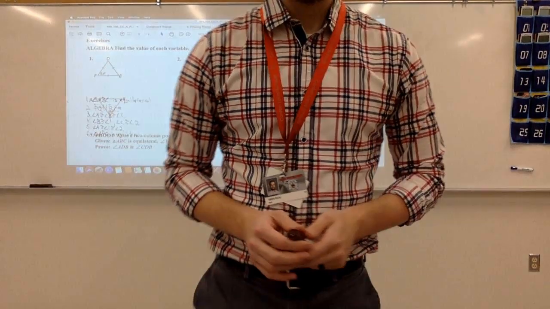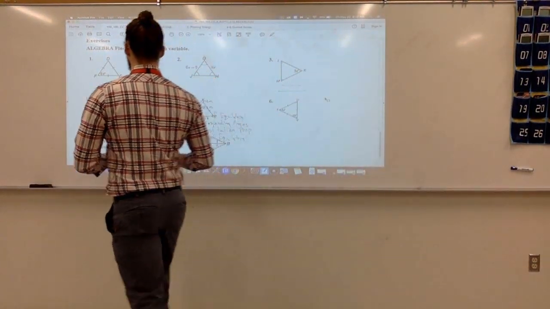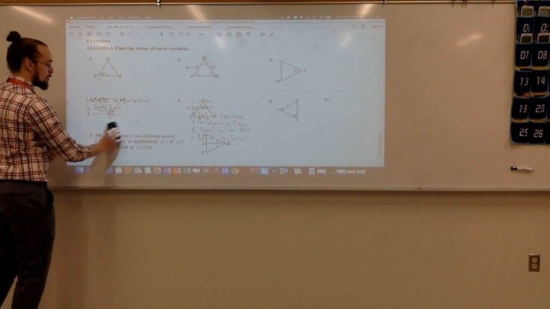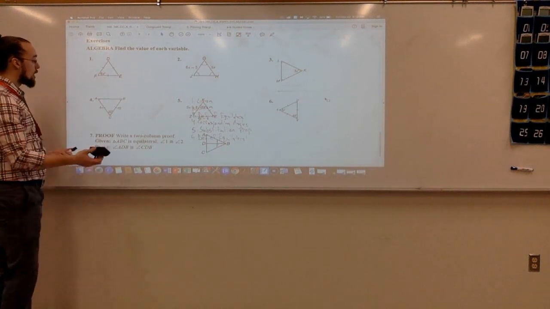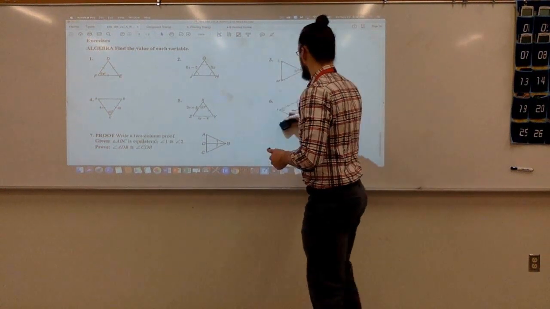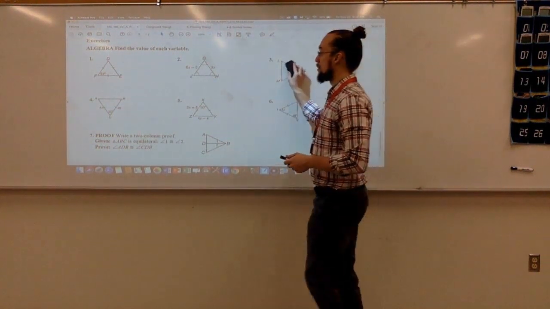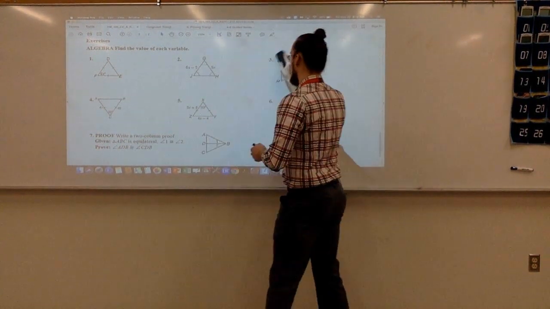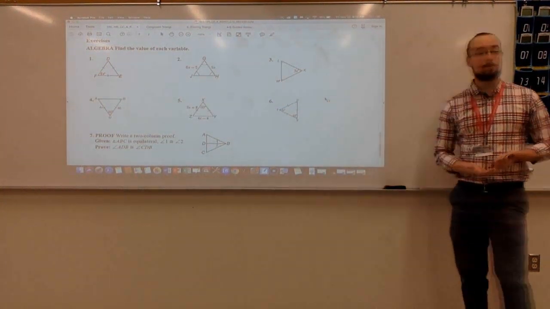So the next part I think is a little bit easier. So that's a good question. On all of these, we're saying these are equilateral triangles. So we know all three sides and all three angles are equal to each other, right?